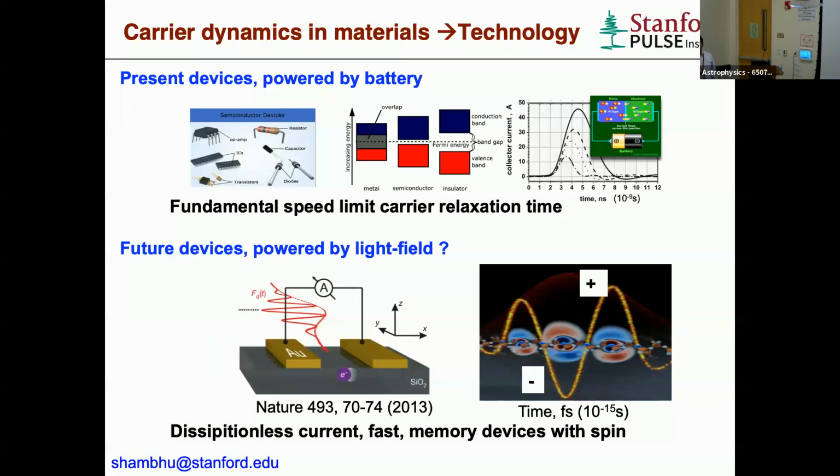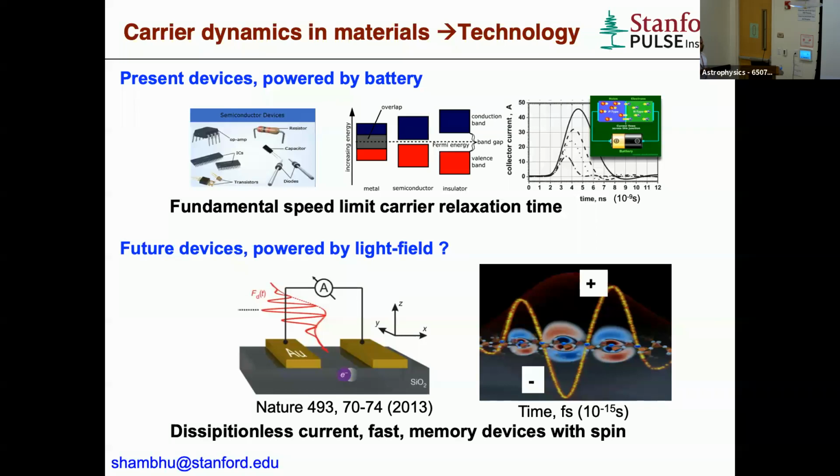So instead, if you could power devices with the electric field of a laser light, which is depicted here, and has both the positive and negative polarity, just like in batteries, then you could have much faster devices, simply because you could potentially change the population of carriers in these bands on very fast time scales, like the femtosecond time scale, because the laser light is in the optical wavelength range.